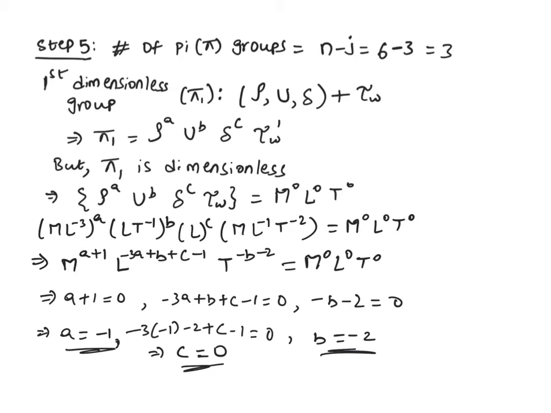So let's do that, which implies pi 1 would be, when we put them, rho to the power of a, which is rho to the minus 1, u to the power of b, u raised to minus 2, delta to the power of c, which is 0, and tau w.